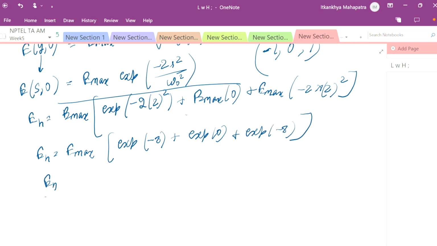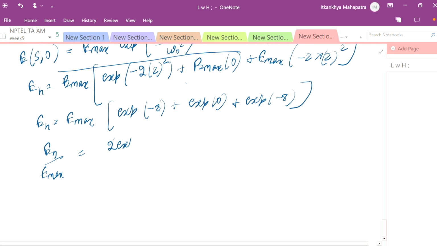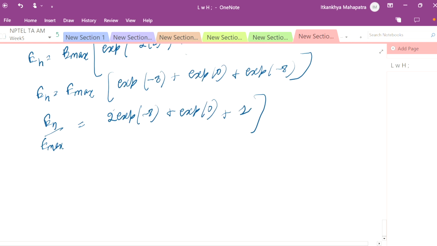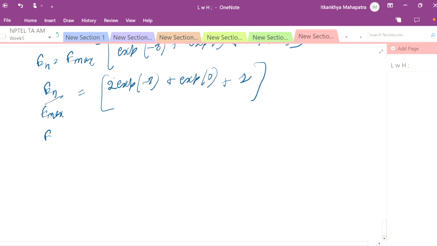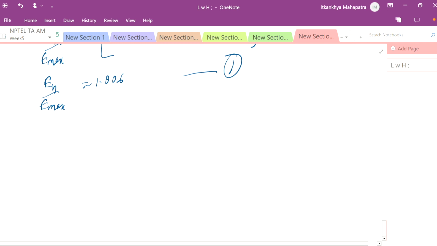Now EH by Emax will become 2 exponent of minus 8 plus exponent of 0, that is plus 1. Finally, EH by Emax is equal to 1.006. This is your equation 1.